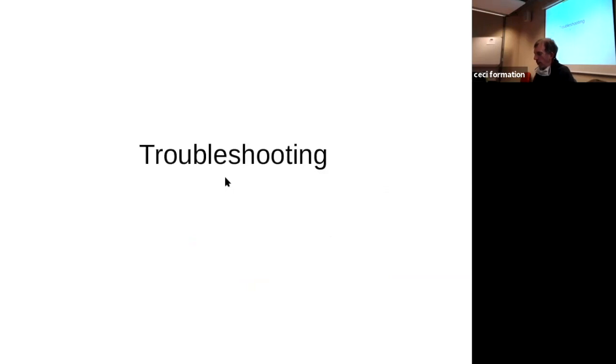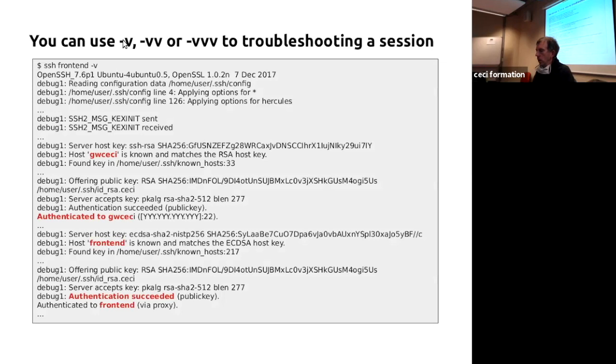In any case, if you have a problem, you can also use the -v or -vv or -vvv options to debug your session. So you can see that here you find the good private key of the gateway inside your host.